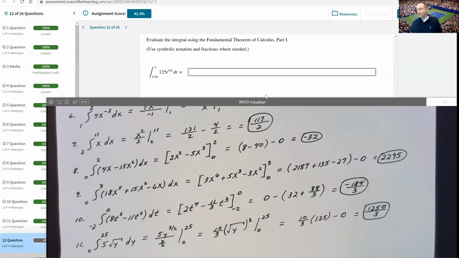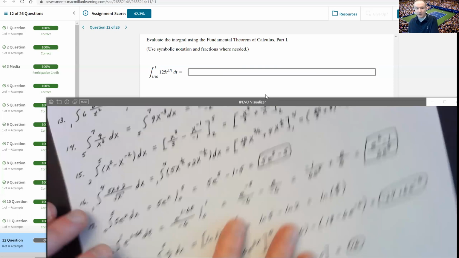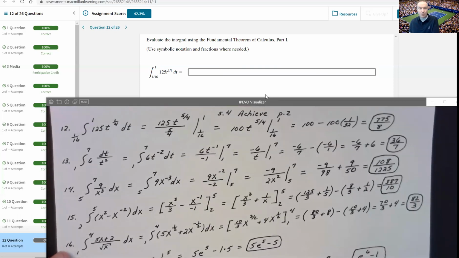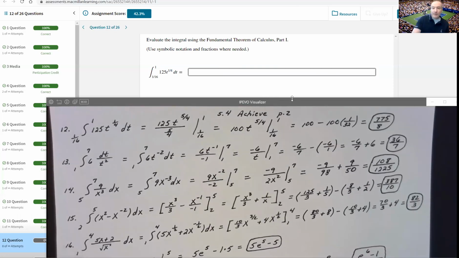Up next, I'll have to go to my next page of where I worked out these problems. For number 12, similar to the one before, but now they wrote it as a fractional exponent, but remember, roots and fractional exponents, same thing. This could have been written as 125 times the 4th root of t.